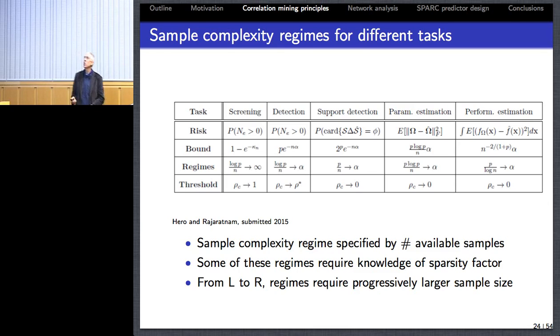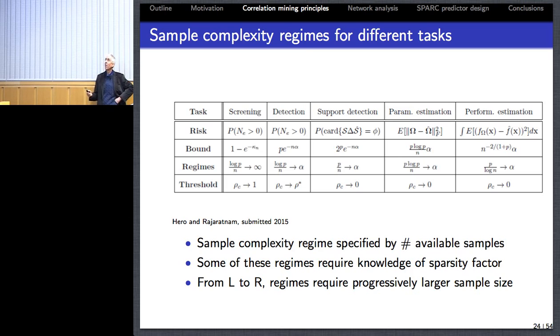Then you're in this regime, and what this says is that n has to increase as p log p. So if you get more variables, you're going to need correspondingly superlinear more samples in order to do the parameter estimation, to minimize the norm squared error between, in this case, the inverse covariance matrices.